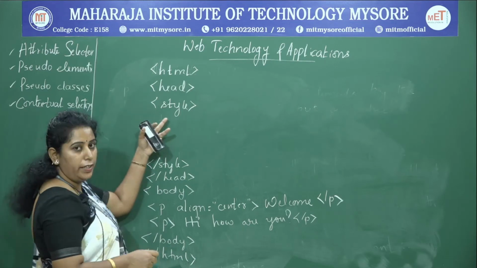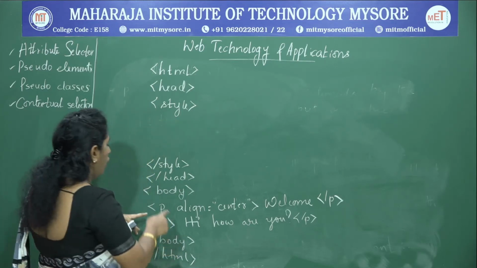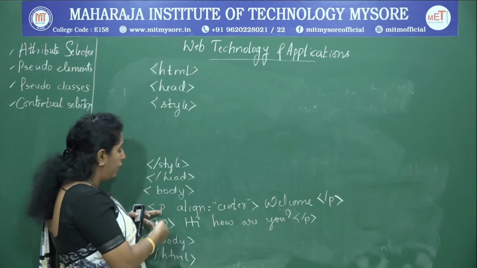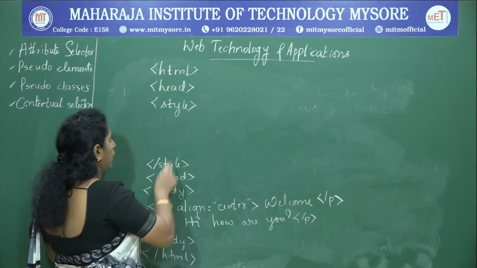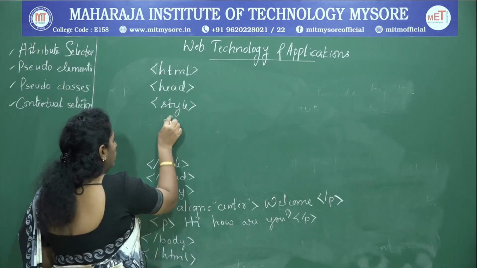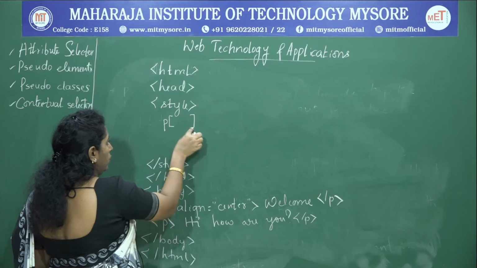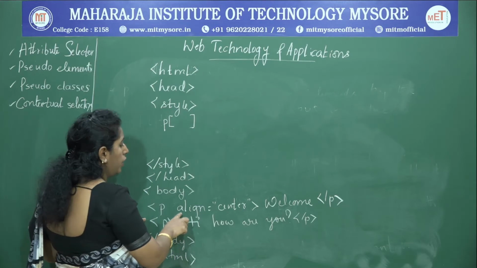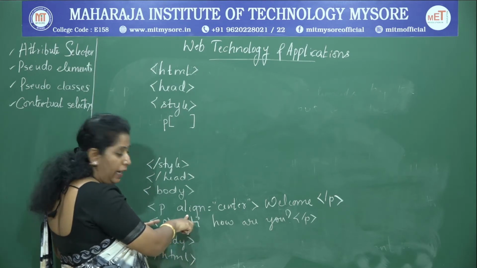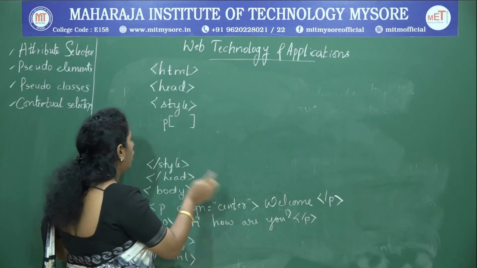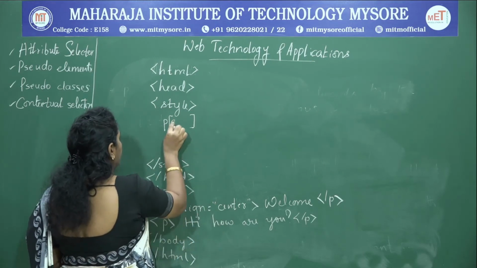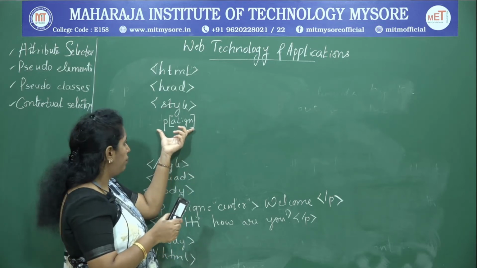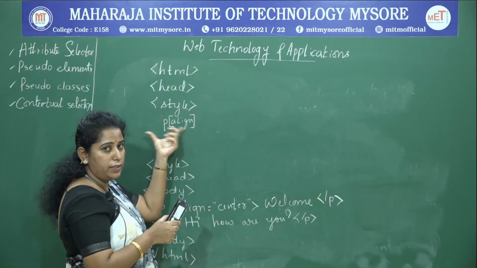Now, how do we write a style rule here? For which HTML element are you supposed to set the style rule? P. So take P. Attribute selector syntax says that you are supposed to enclose it within a pair of square brackets. Here you can select either with the attribute or by a value. I am taking the attribute align. This is how you are supposed to give the style rule.